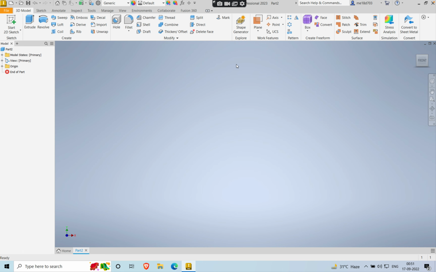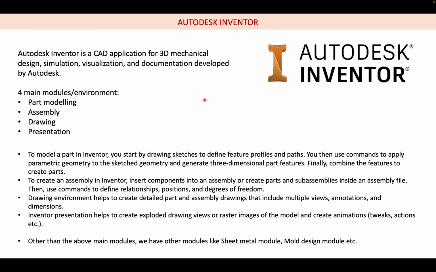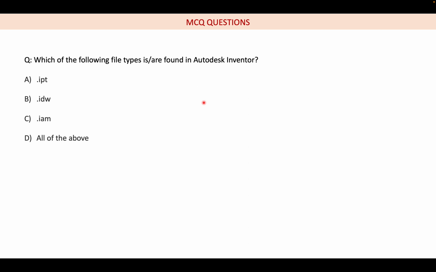Before going into some modeling, we will have a look at some MCQ questions. I think this assignment is MCQ related. I don't think there is any subjective assignment as of now. Anyway, we'll look at some questions. Can anybody answer? Which of the following file types is or are found in Autodesk Inventor?